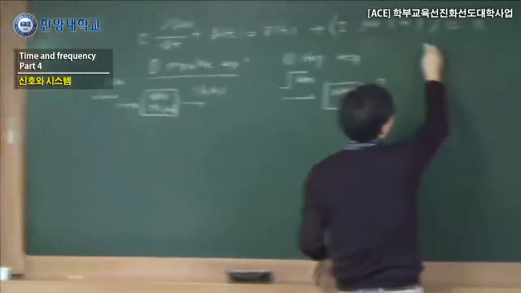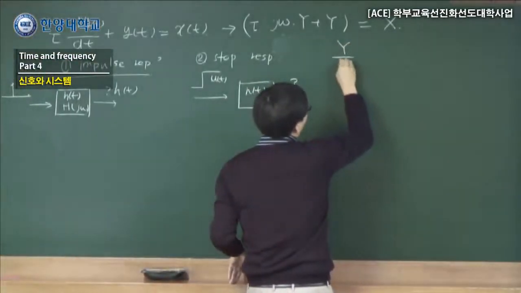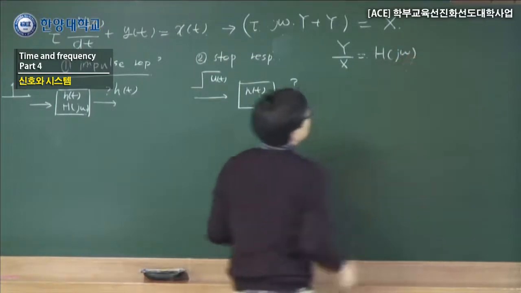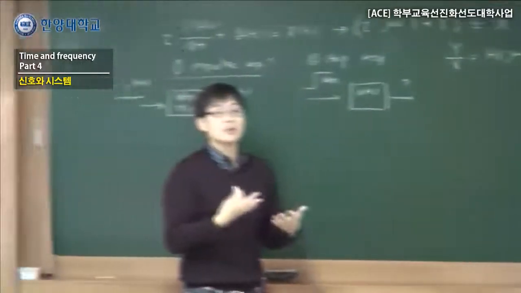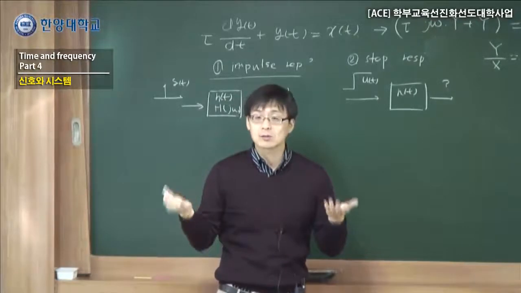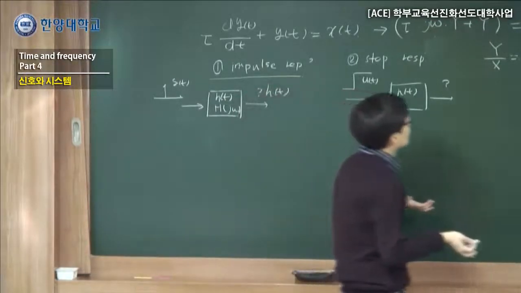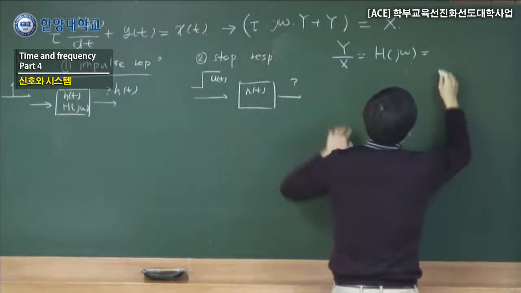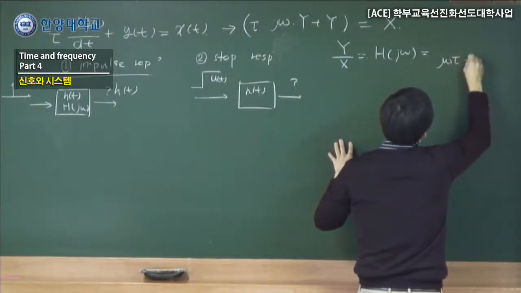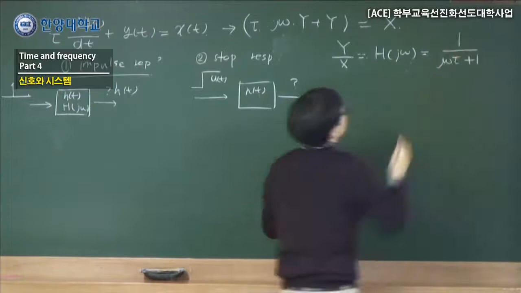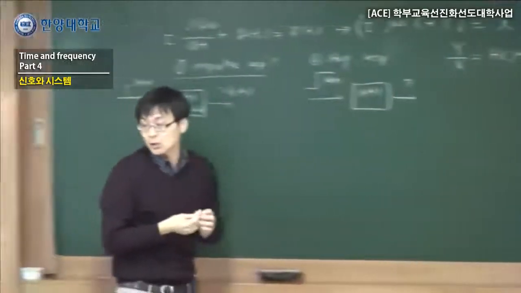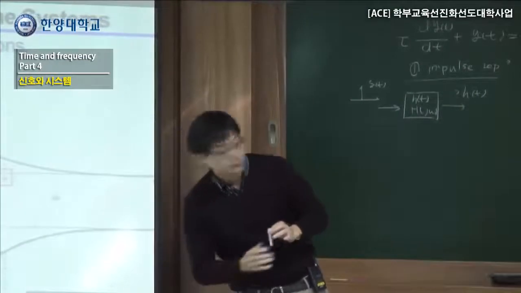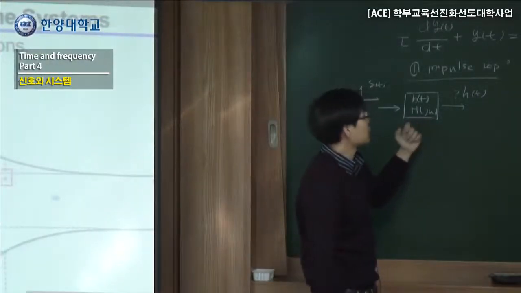And then if you rearrange this, the transfer function is what? The relationship between input and output. That's the transfer function. So the relationship between input and output will be this over 1, and that's our transfer function.